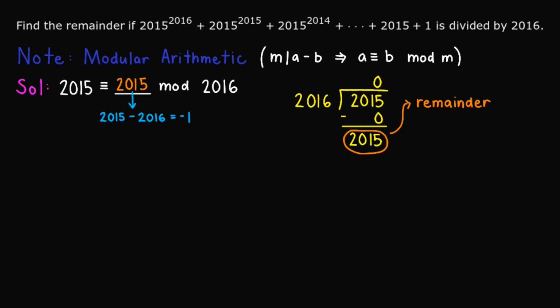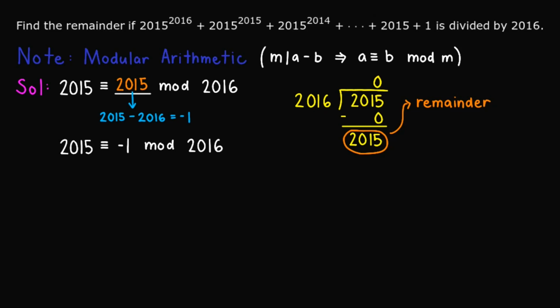And from a while ago, we know that this means that 2015 is also congruent to -1 modulo 2016. And we'll use this one out here since it looks nicer, and using this one, it's easier to find the remainder for other powers of 2015.